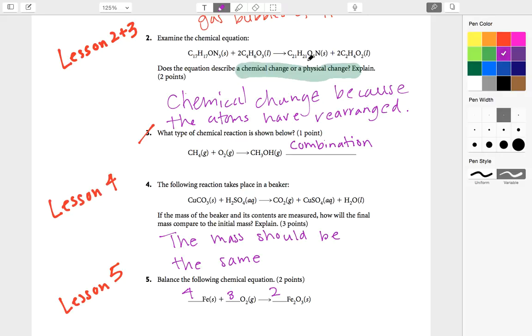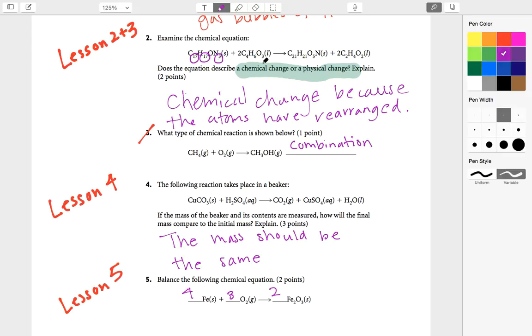I kind of gave away the answer when I was reading that, but it basically says it is a chemical change, because even though, if you look here, CHNO plus CHO produces CHNO and CHO, all of the elements are arranged in the same way. The key thing is that the subscript is different for each one.